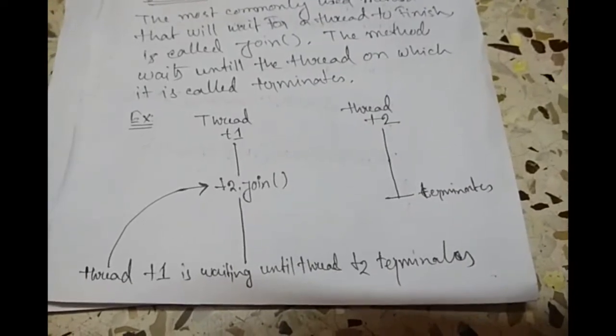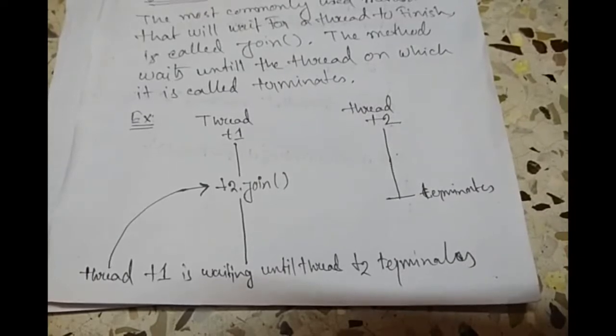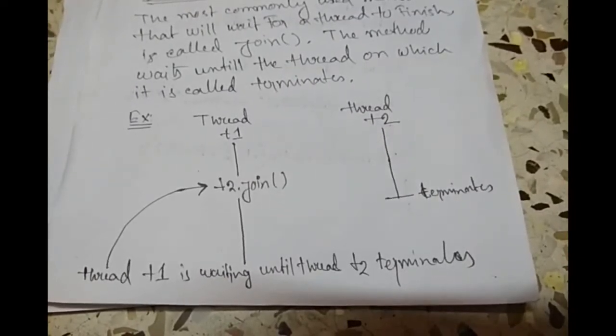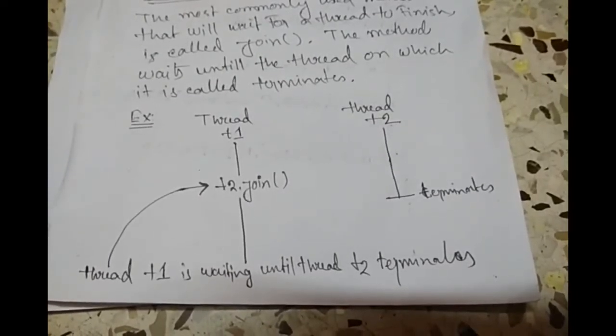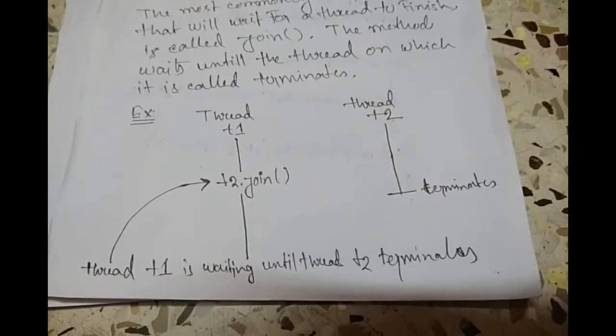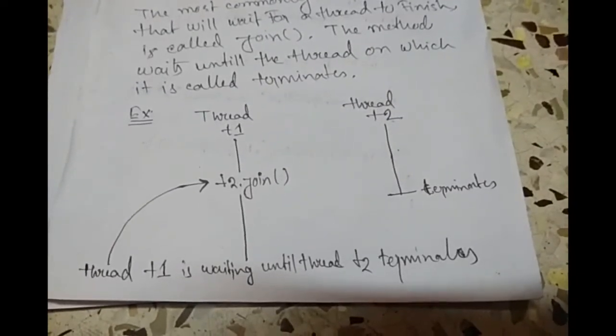understand the concept. Suppose there are two threads simultaneously running, thread T1 and thread T2. After some time, thread T1 will call T2.join.